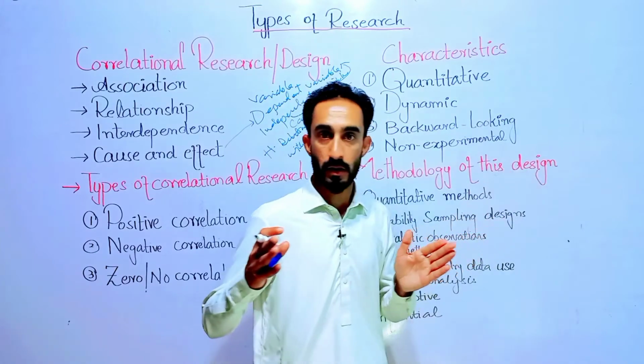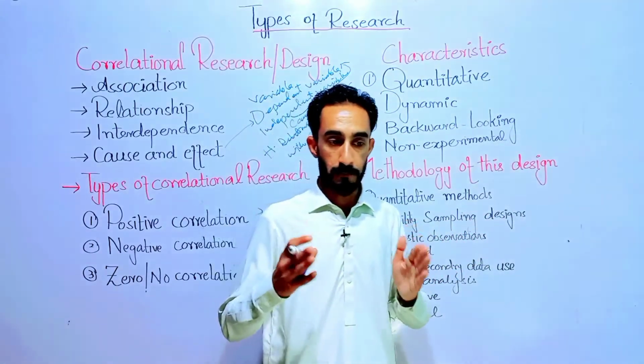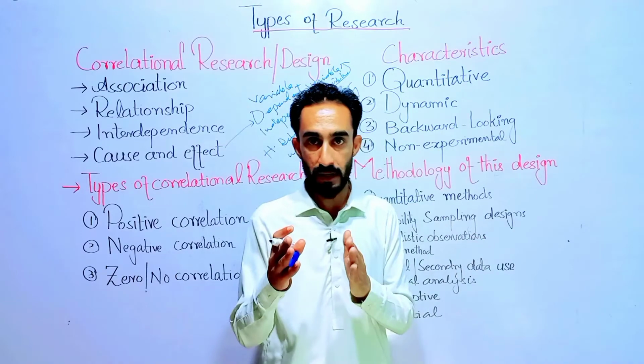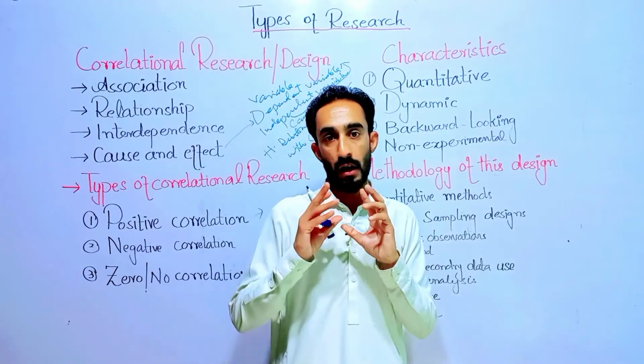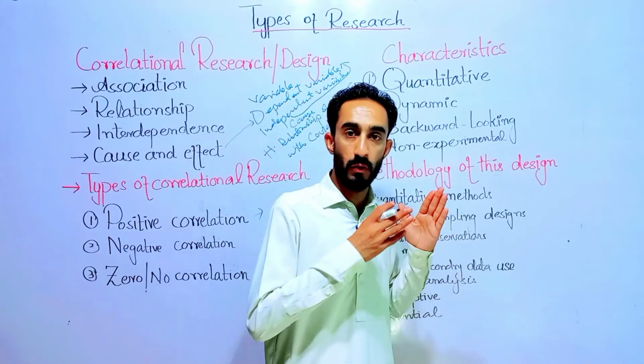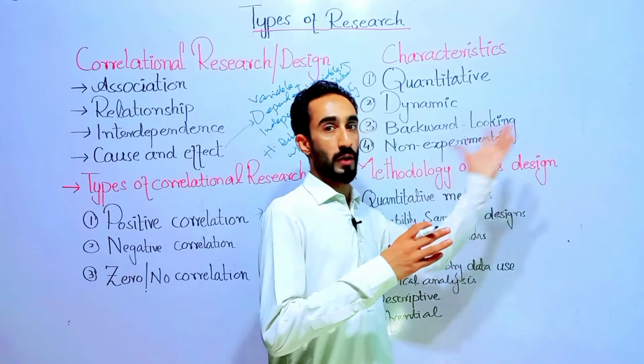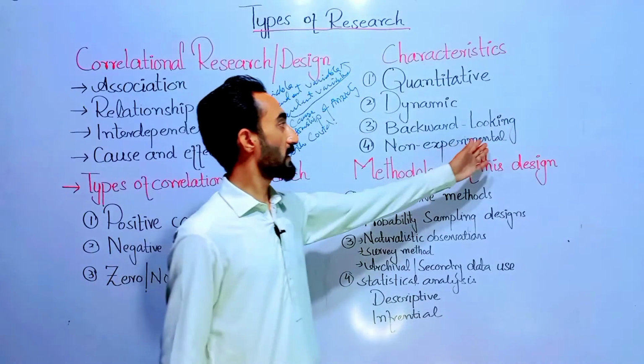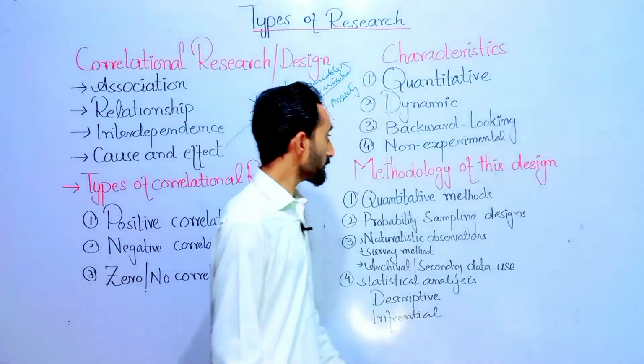Here we will not have a control setting, that is, a control group or experimental group through which we manipulate things or variables. In correlational research design, the scenario will be different, as it is non-experimental.